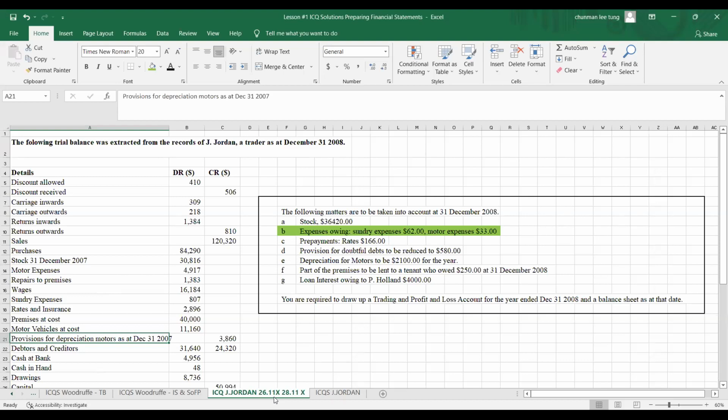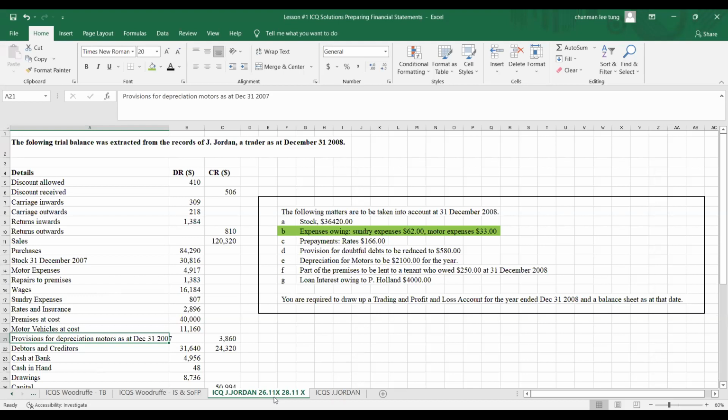They said motor vehicle at cost, but then they said provision for depreciation, motors, as at December 31st, 2007. And what did they say in note E in the additional information? Look at letter E. Depreciation for motors to be 2,100 for the year.